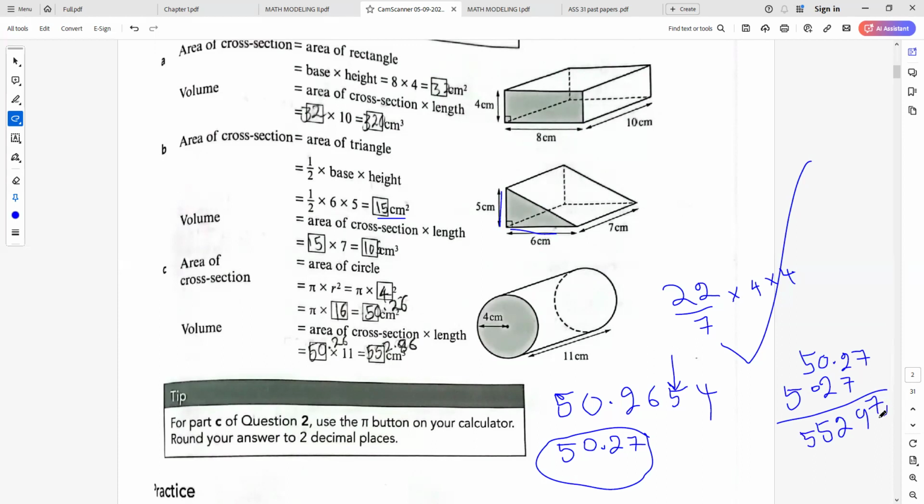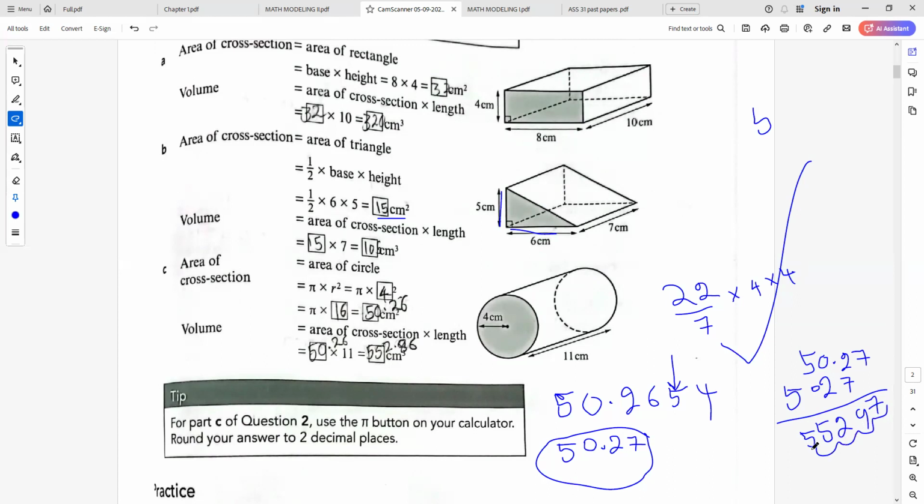So from here 1, 2, 3, 4. Then 50.27, 7, 9, 2, 5, 5. So here 1, 2, 3, 4.